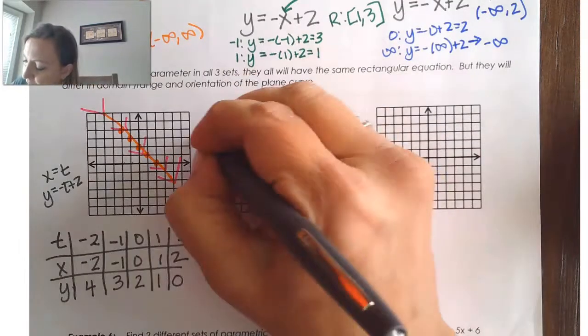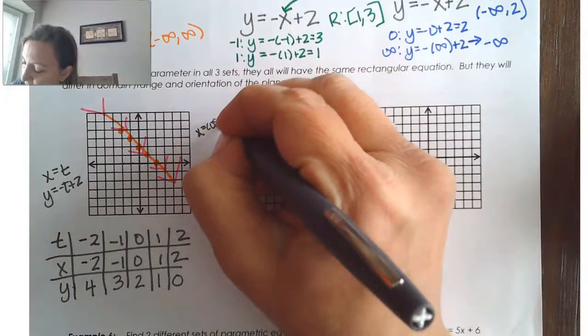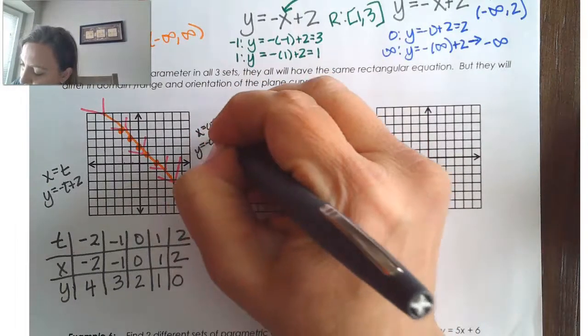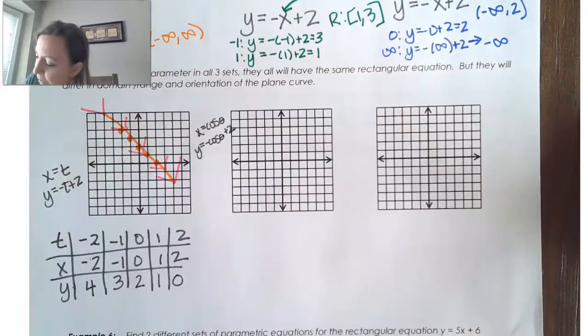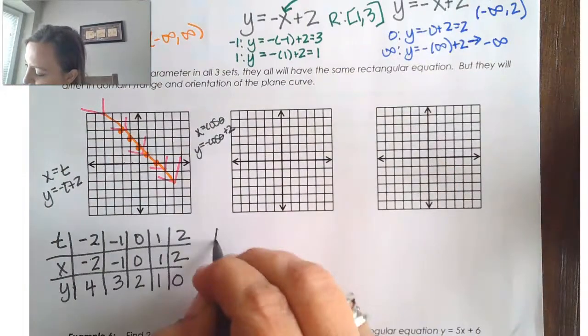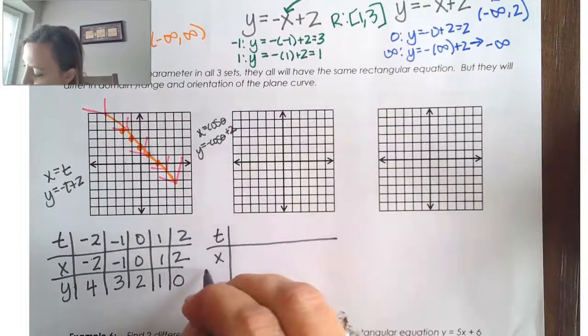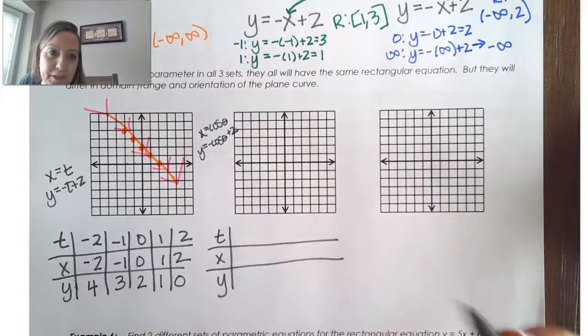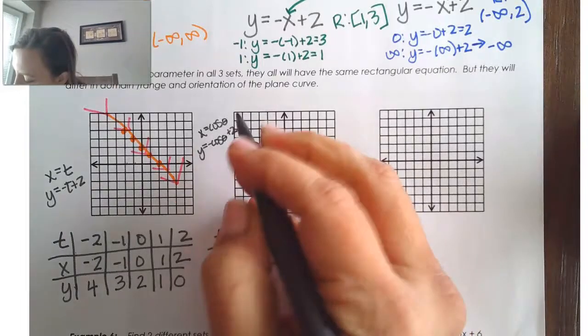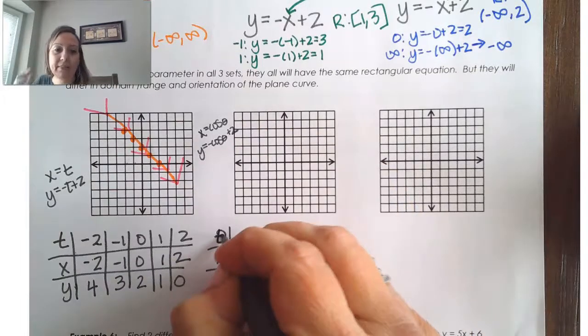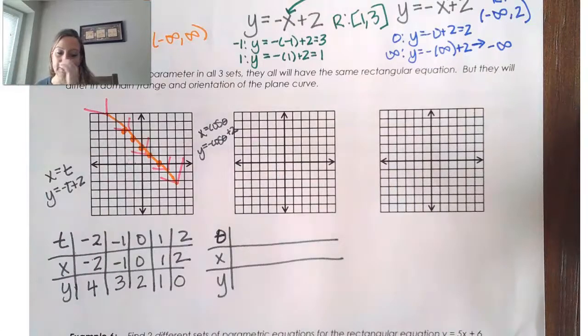Okay. If we were to do the same thing with this next set, remember that in this set, x was cosine of theta, and that y was the opposite of cosine of theta plus 2. So if we were to make our t-table here, instead of a t-table, because our input was the theta, let's turn that into a theta and think about the values that could make sense.